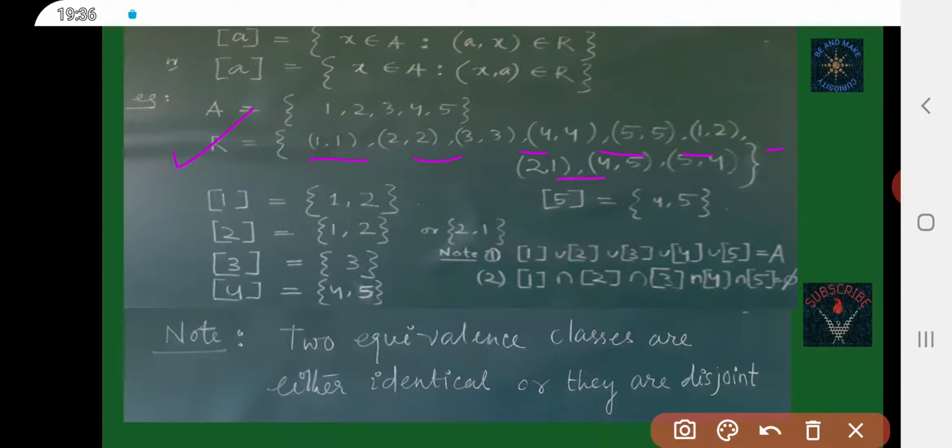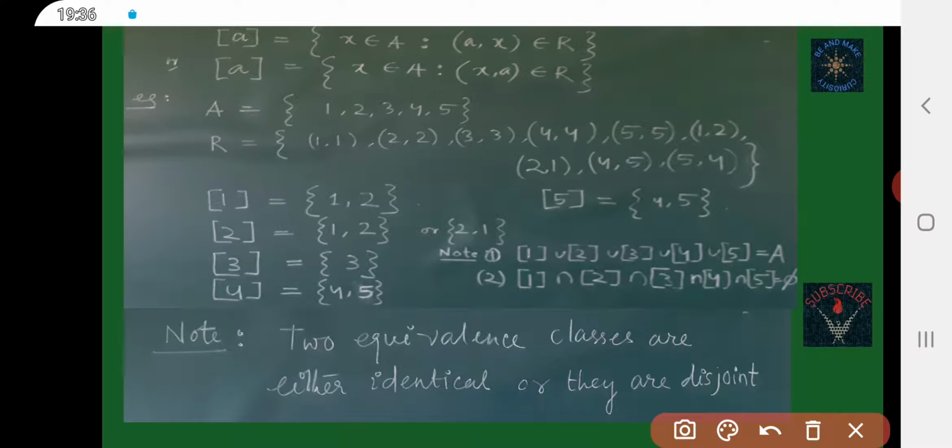Okay, and you can check also whether it is an equivalence relation or not. You can check symmetric, reflexive and transitive for equivalence relation.